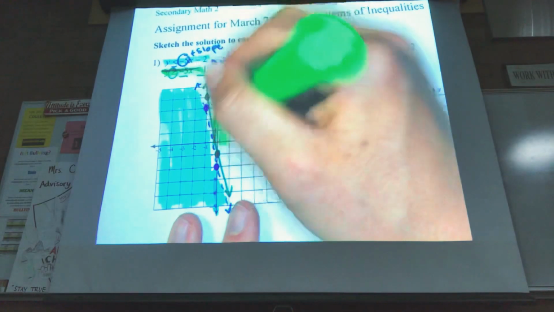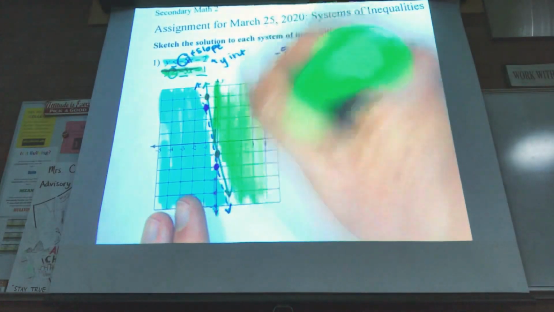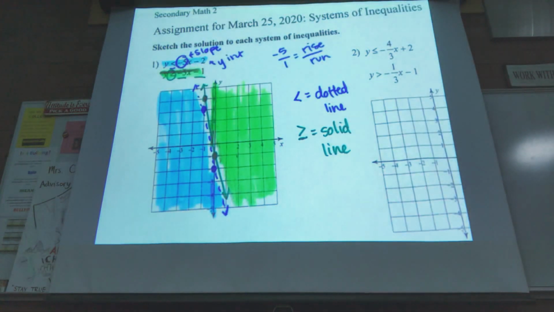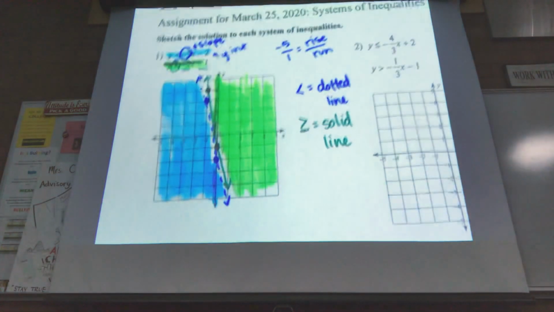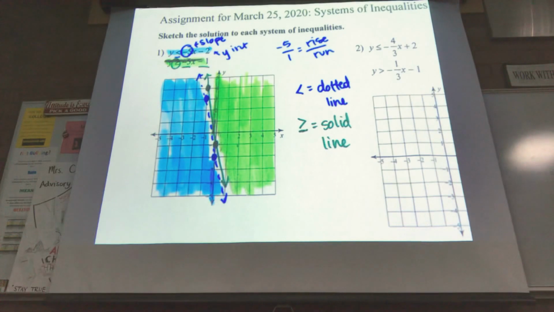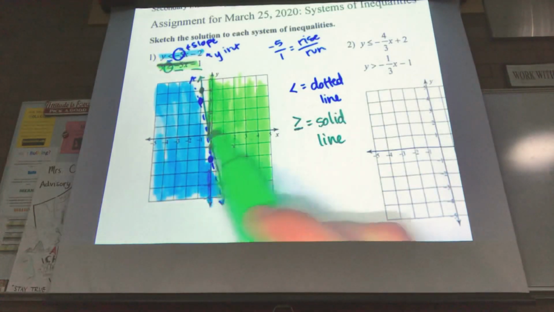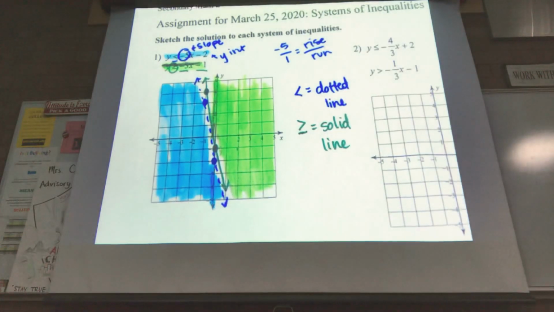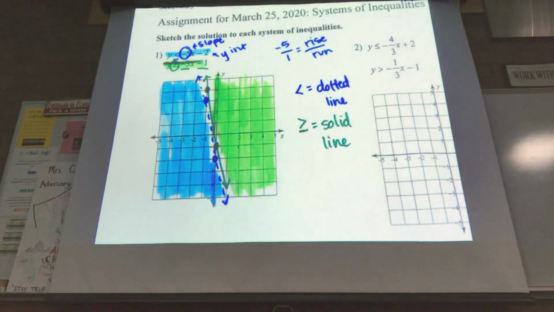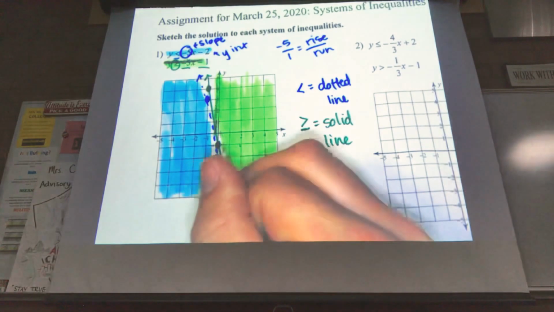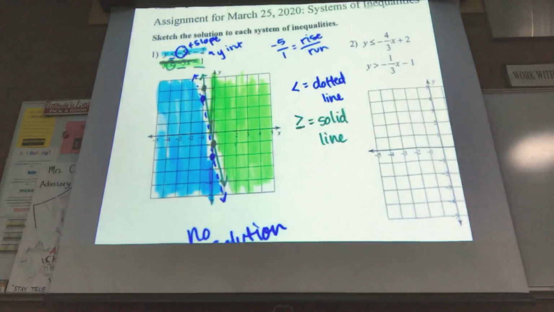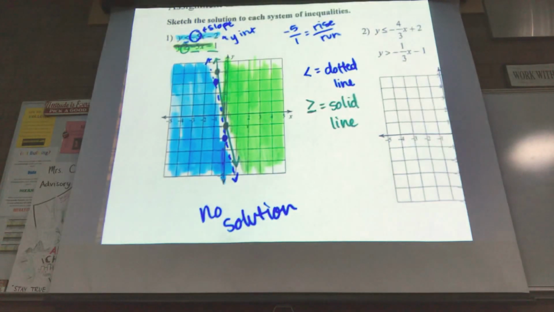So I'm going to shade it this way. We're actually looking for where they are both shaded. For my blue line, it's going that way. For my green line, it's going that way. So there's no area where they're both shaded. Technically, there would be no solution on these, since they're not shaded anywhere together.